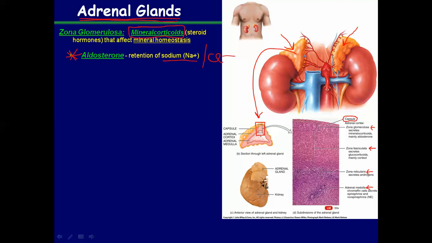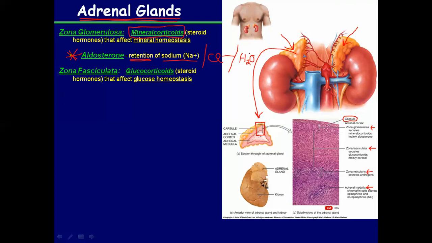So retention is to keep in. And what happens when you keep these ions in the body, it also keeps water in the body. So really, the effect that aldosterone has on the body is to retain sodium, chloride, and water.